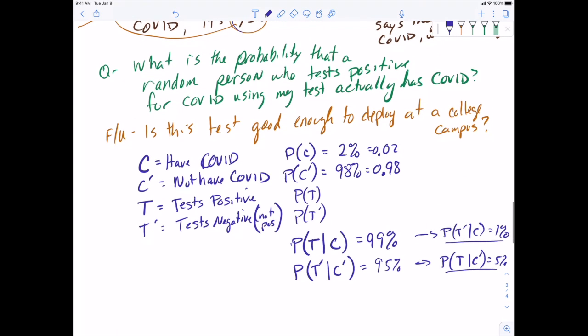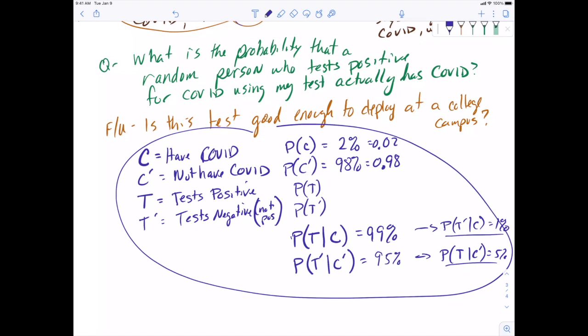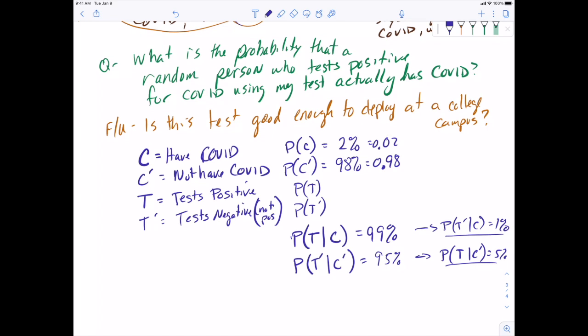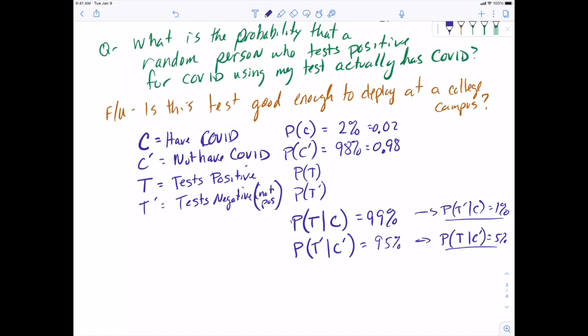But what are we trying to answer? So this is what we know. Given all of this, we can actually answer the question using our multiplication rules of probability. So what is the probability that a random person who tests positive for COVID using my test actually has COVID?